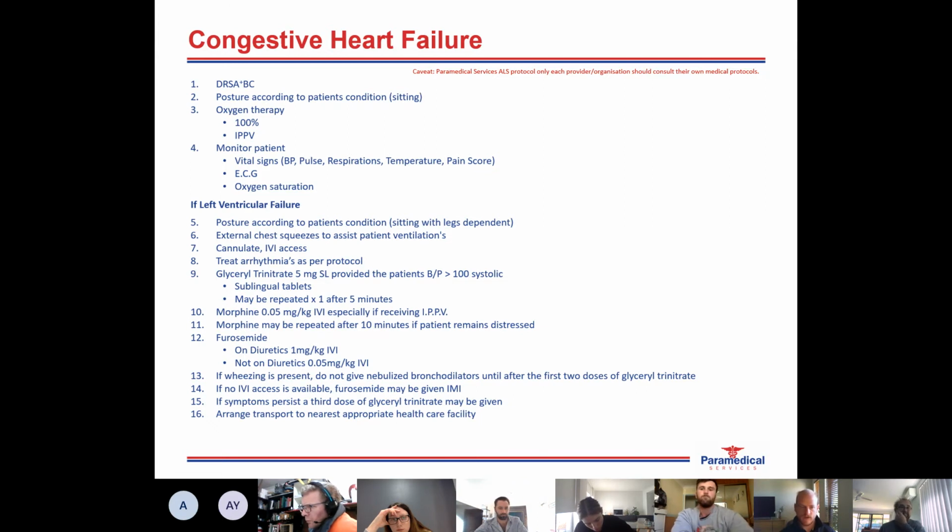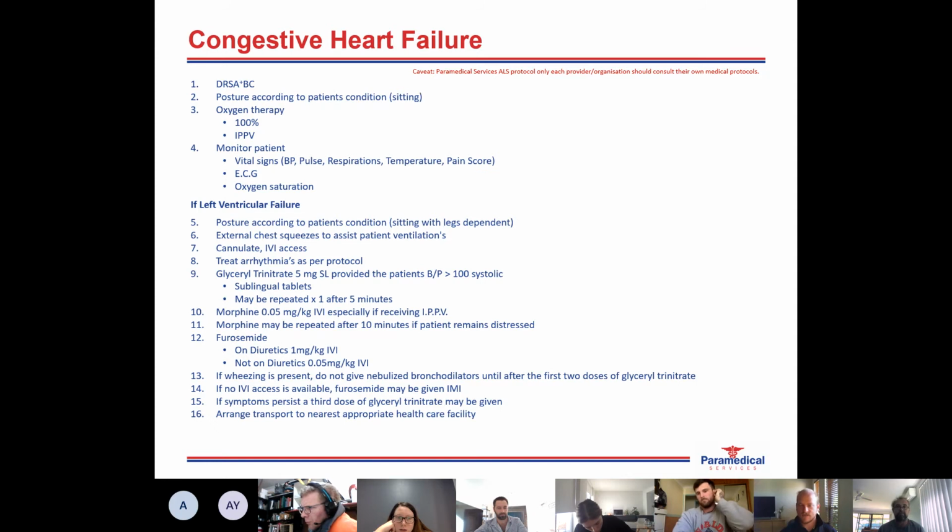Monitor your patient's vital signs, ECG and oxygen saturations. If it is left ventricular failure that you indicate could be the potential cause, posture accordingly, sitting with the legs dependent. Pull that blood away from the legs and bring it back up to the body. External chest squeezes to assist patient ventilation.